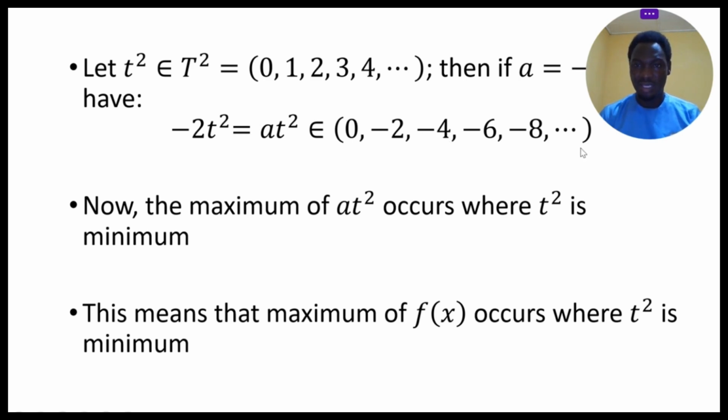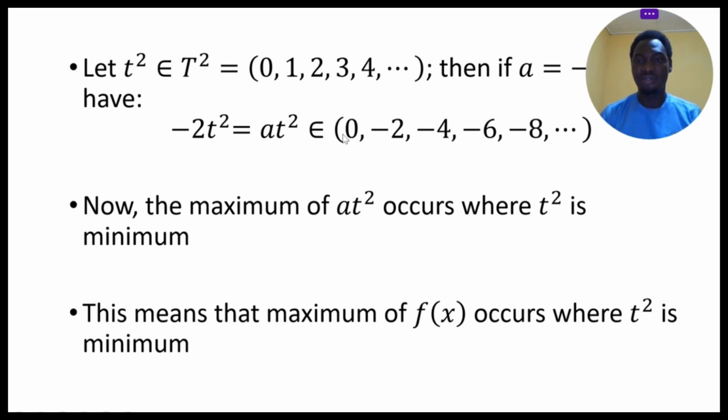We see in this sequence that the values that come after their preceding values are smaller, and the maximum of them, which in this case is 0, occurs where t squared is minimum. So the maximum of -2t squared occurs where t squared is minimum.